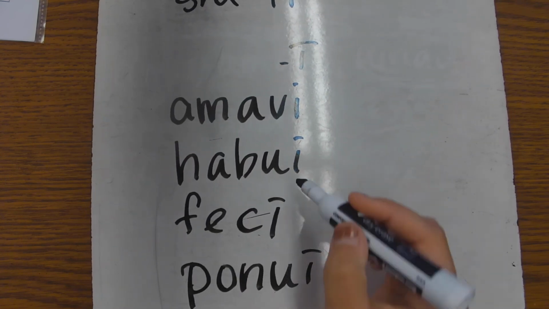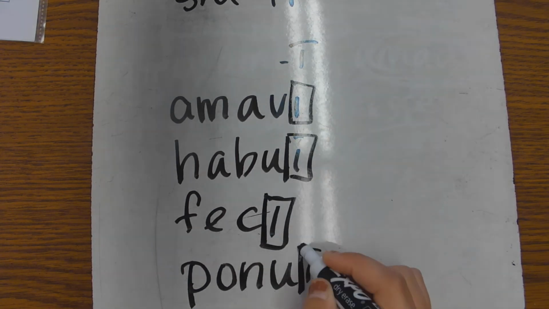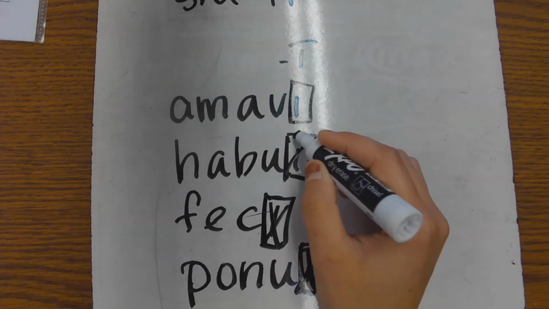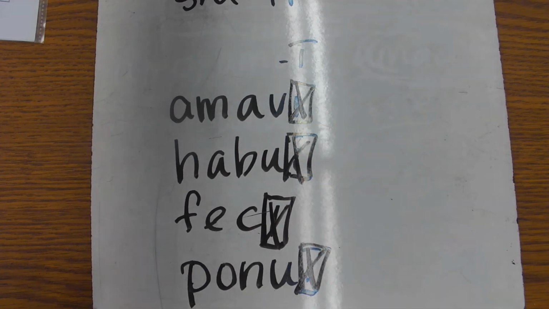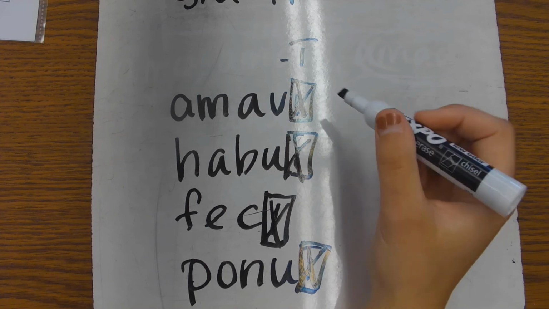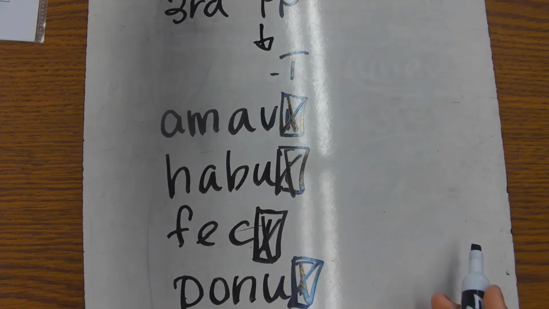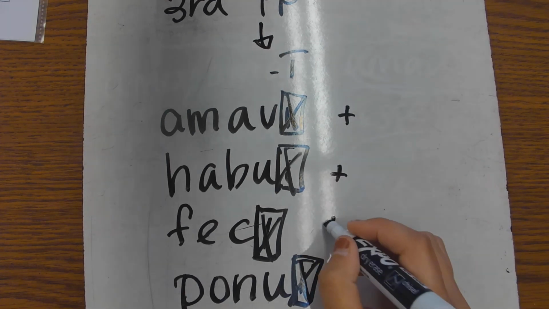Okay, you're going to take off that I and you're going to put whatever ending you need for the person and number. Okay, take it off. And then you add whatever ending you need.